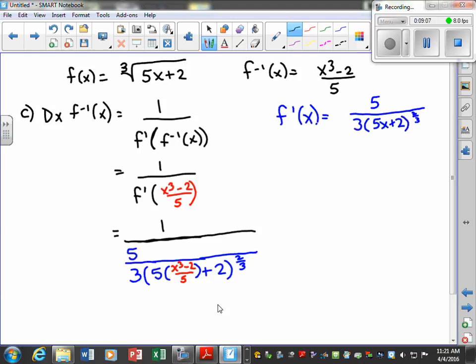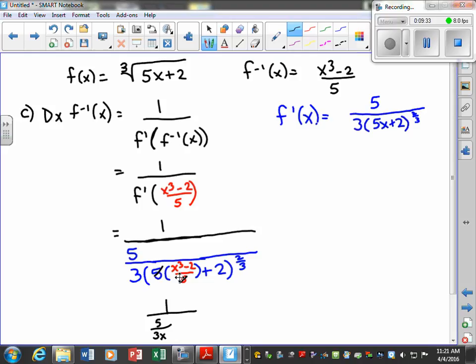So first of all, let's see what happens if we have this 5. This 5 is going to cancel. So then what about x cubed minus 2 plus 2? What happens there? Those 2's will cancel, so we would just get x cubed. So 1 over 5 times 3x.